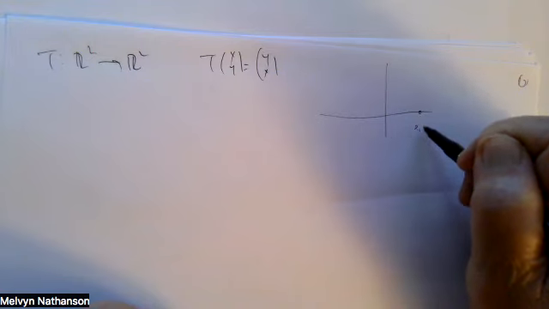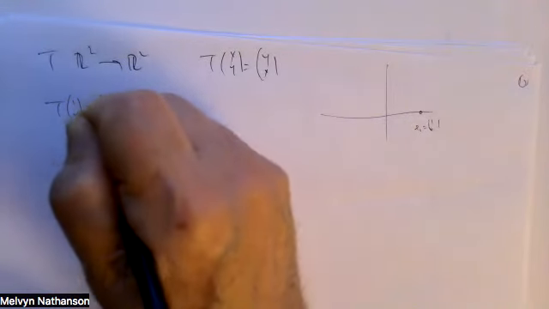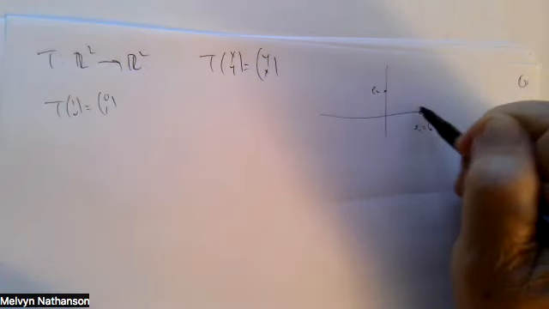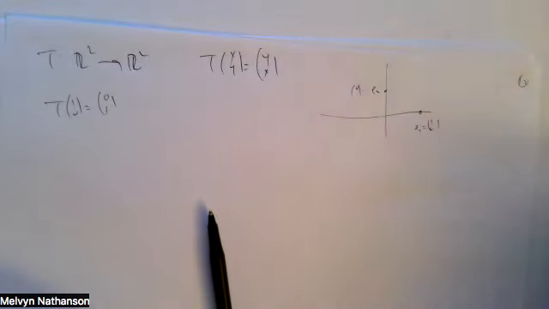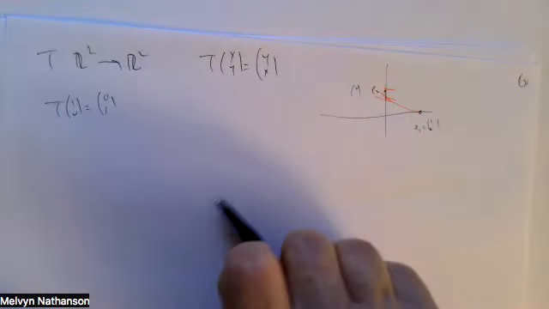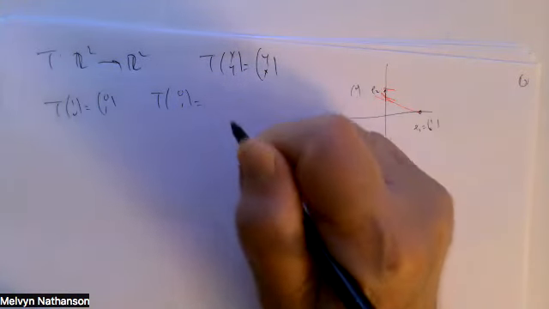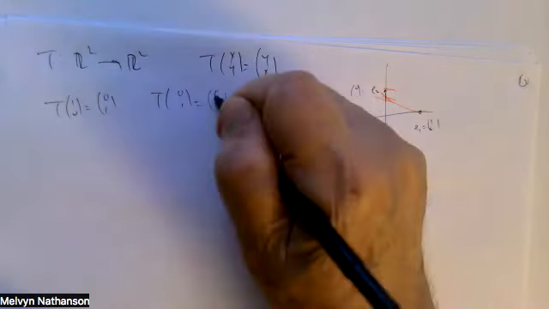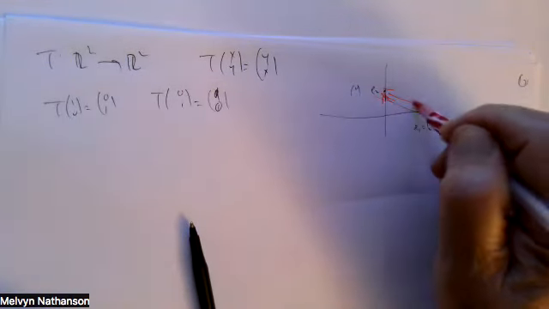So if I have e1, which is (1, 0), T of (1, 0) is (0, 1). So T maps e1 to e2. T of (0, 1) is (1, 0). So T maps e2 back to e1.